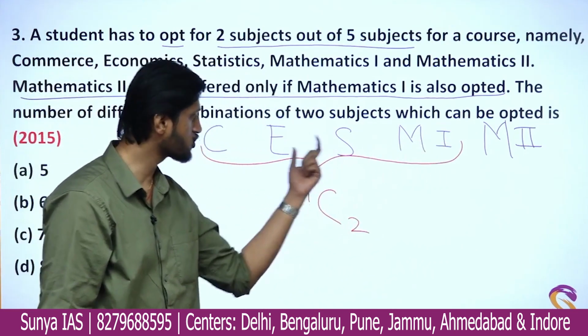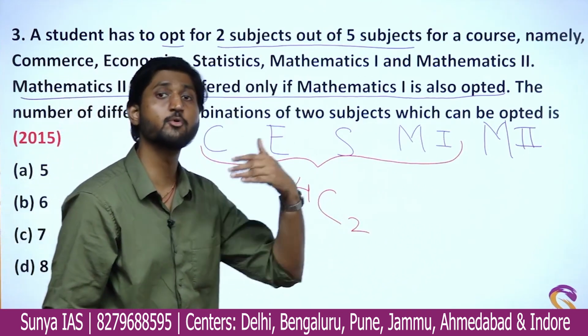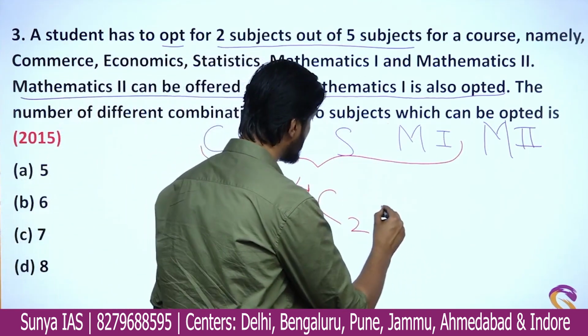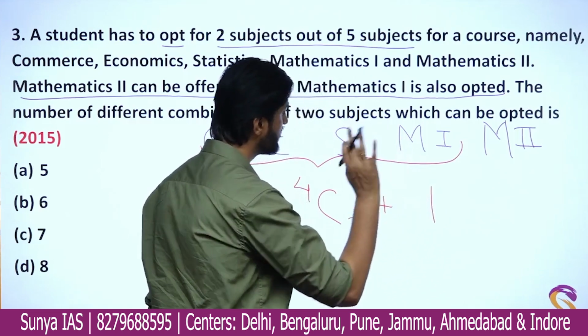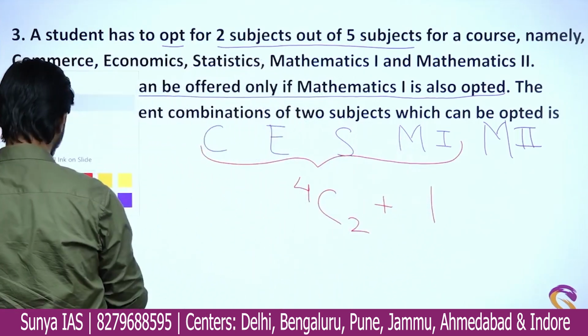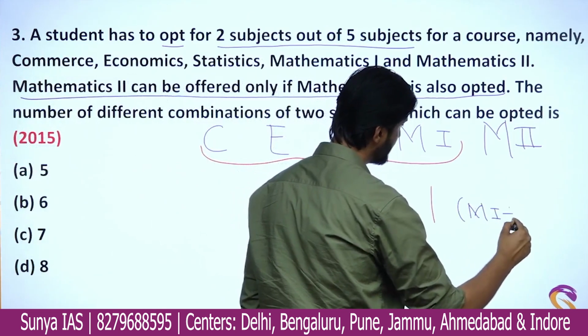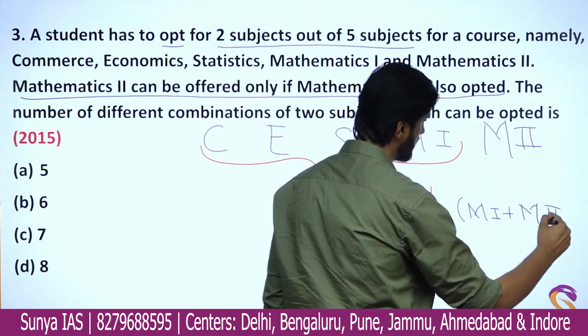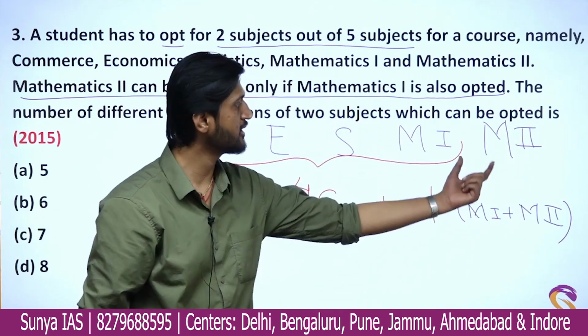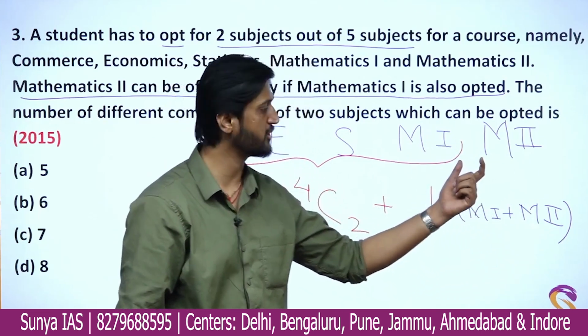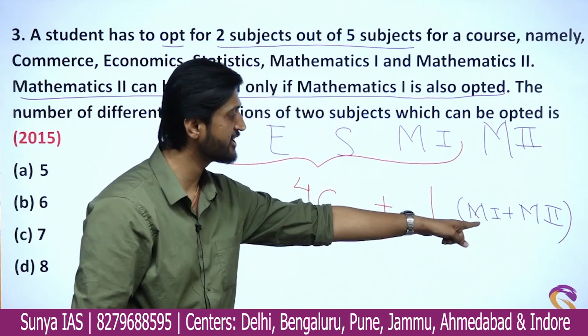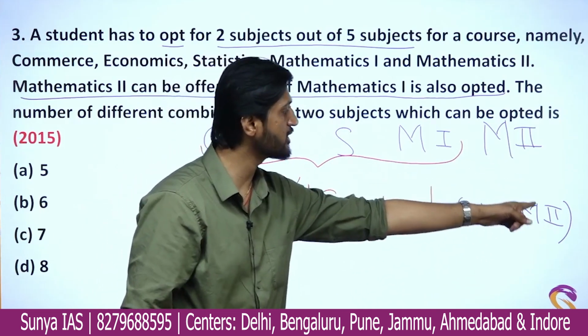Apart from the 4 choices, we have one more option available to us, and there is only one option to do so, that is we first choose M1 and then we choose M2. So this is the only way in which mathematics 2 can be opted if we are choosing 2 subjects. So first subject should definitely be mathematics 1, only then you can choose mathematics 2.